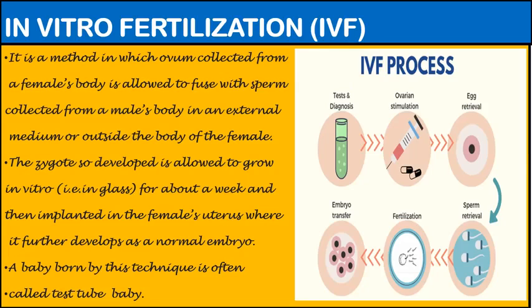The zygote so developed is allowed to grow in vitro, that is, in glass, for about a week and then implanted in the female's uterus where it further develops as a normal embryo. A baby born by this technique is called test tube baby. This term is actually misleading because babies cannot grow in test tubes.